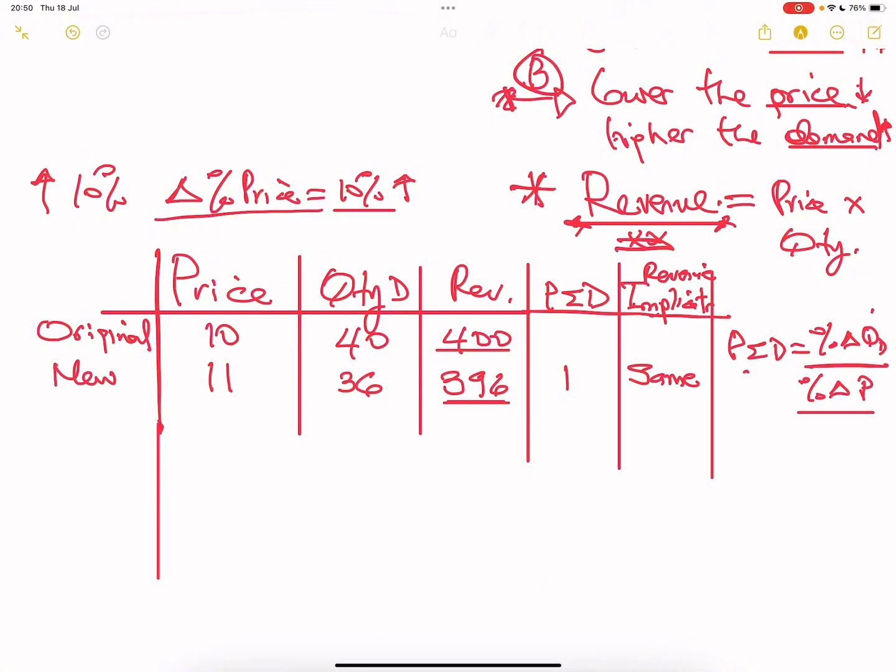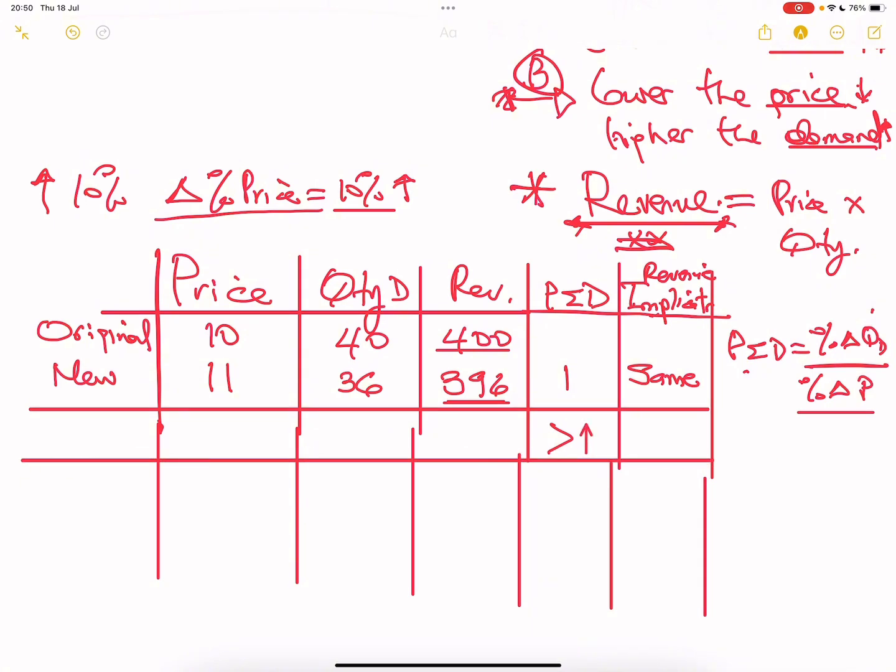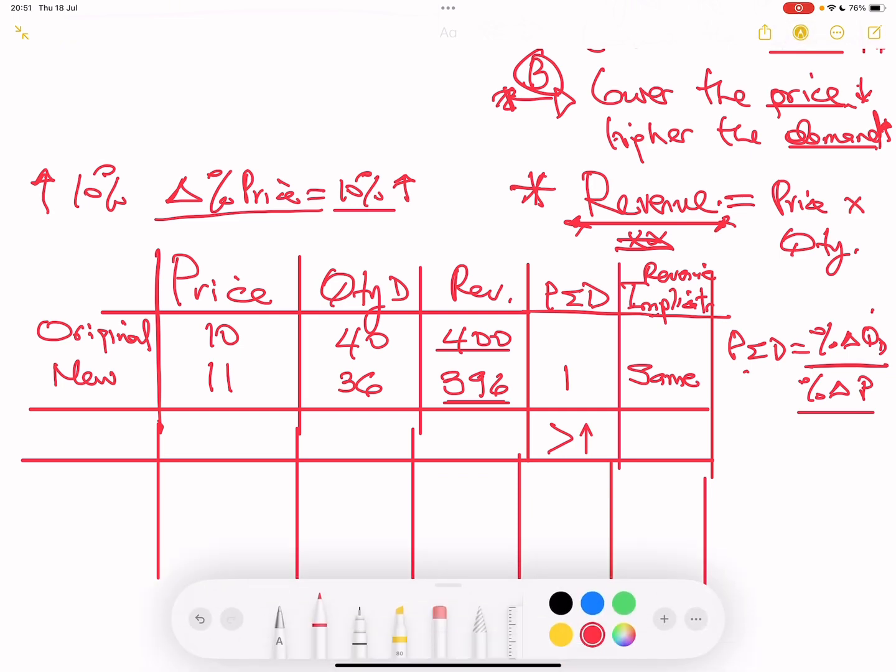Let's look at another price elasticity of demand. Let's assume this product is elastic, meaning that it has price elasticity of demand that is greater than 1. Greater than 1 means that the numerator is bigger than the denominator.